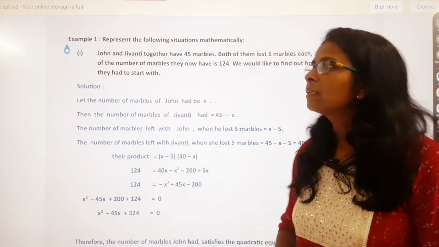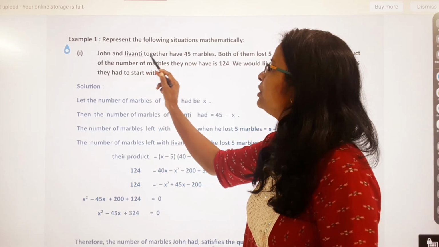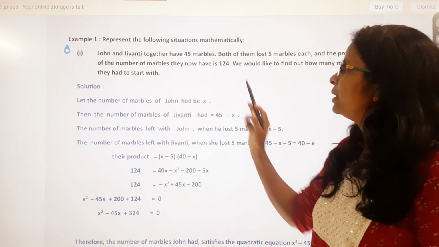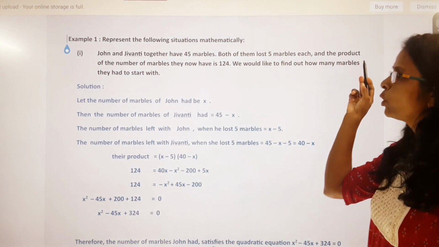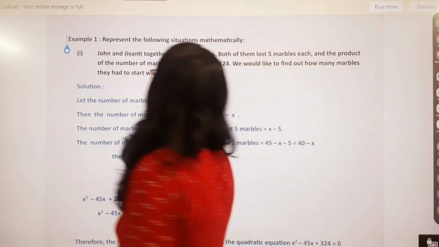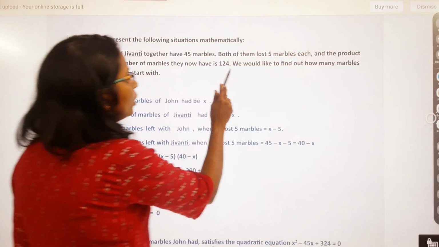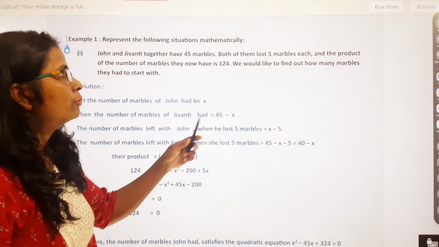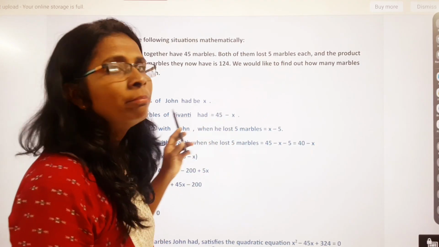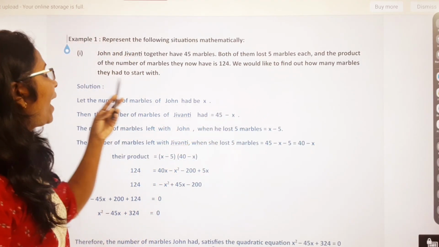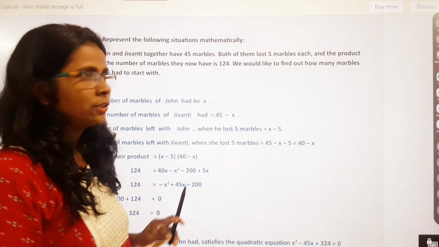John and Jivanti together have 45 marbles. Both of them lost 5 marbles each, and the product of the number of marbles they now have is 124. We would like to find out how many marbles they had to start with.